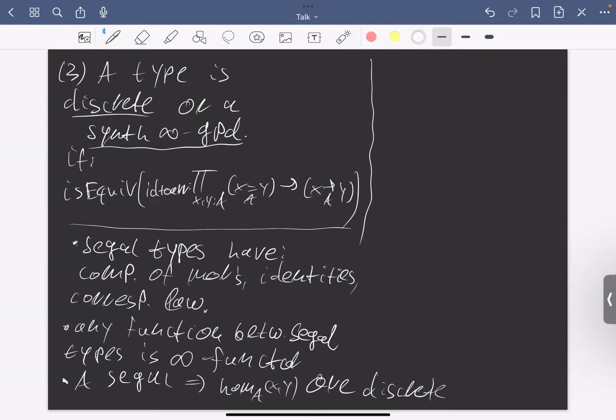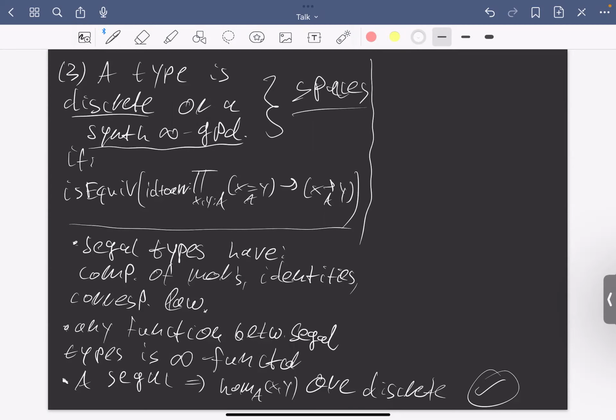I didn't say this, but in this picture, the synthetic infinity groupoids are the spaces. The types are not the spaces, but they're the simplicial types or the simplicial spaces.